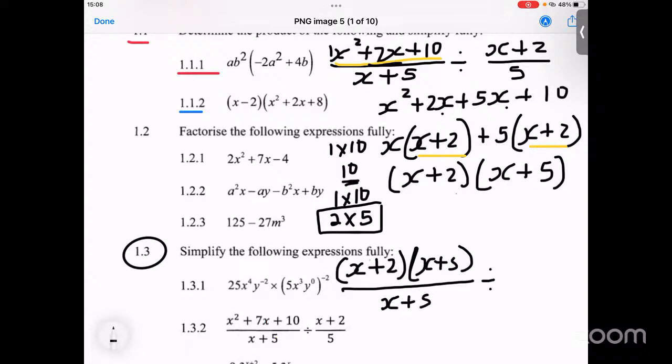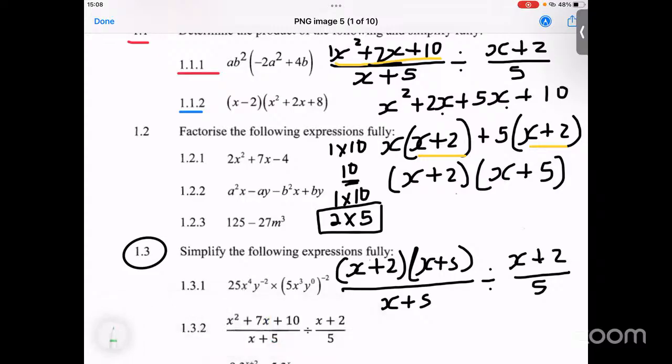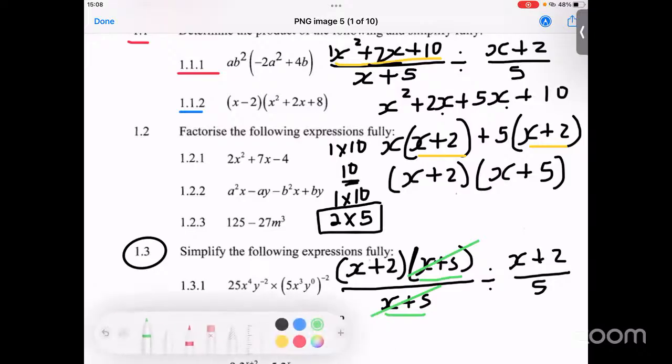So you can have your division there, having x plus 2 over 5. Something that you should be aware of is that if the whole of this is exactly the same as the whole of that, even though this one at the bottom is not in the brackets, you can cancel it because it is exactly the same.